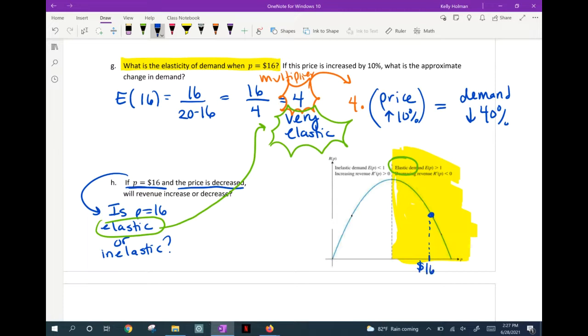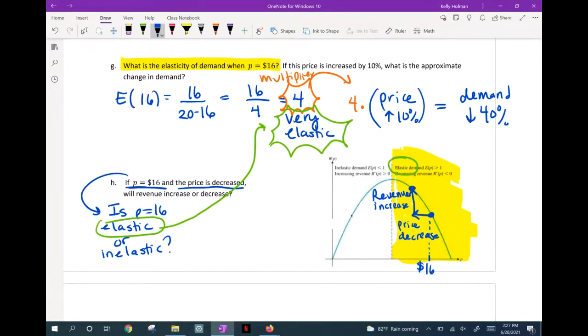Okay, and we are told price decreases, so we're going to go back on our price. If price decreases, I have to go up to hit the revenue curve. So that means my revenue is going to go up. It's going to increase. So let's think about why that's happening.